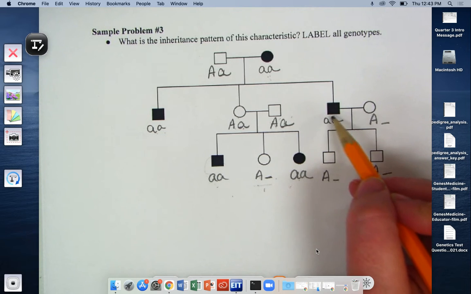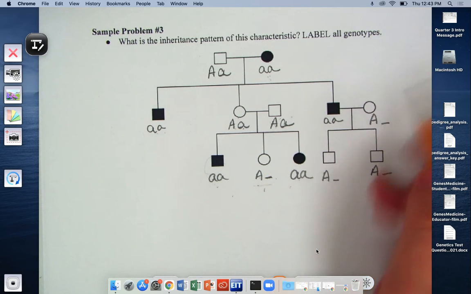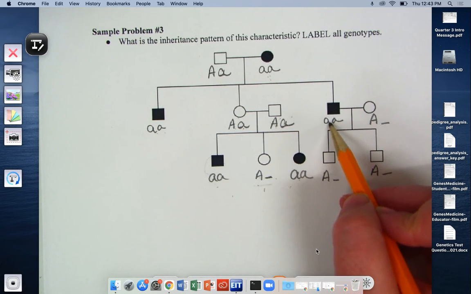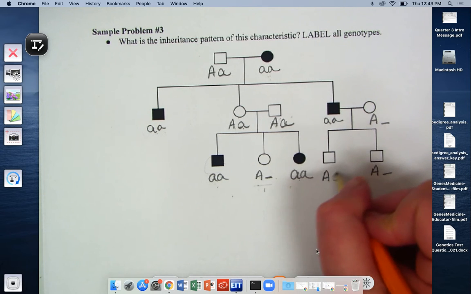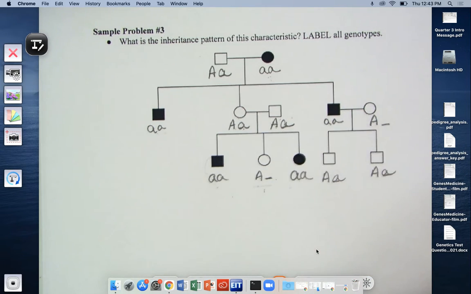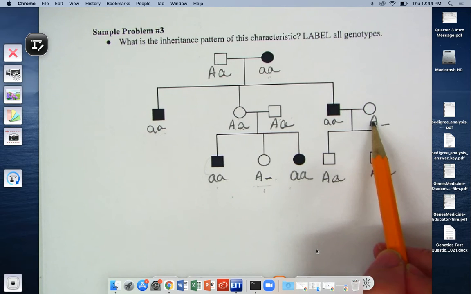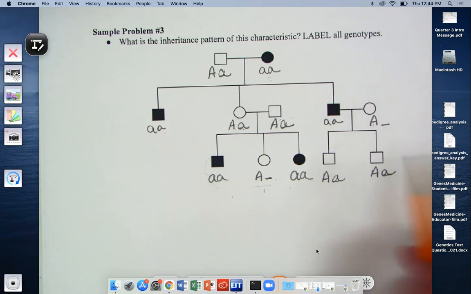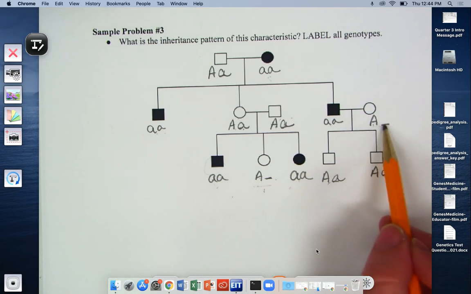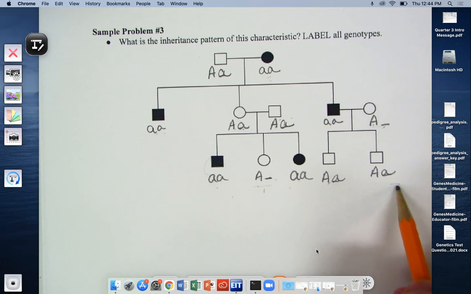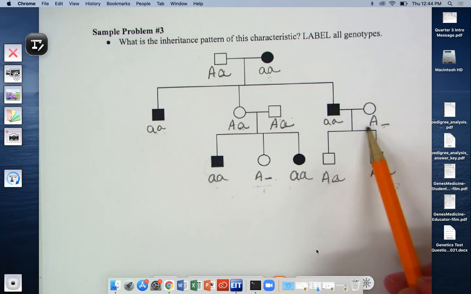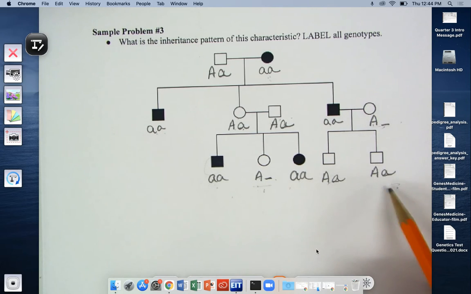And then we have this set. This parent is only giving a lowercase a, so the children have to have that. What about the mom? Don't know. Mom could be homozygous dominant and still would have this story. Or mom could be heterozygous and we would still have this.